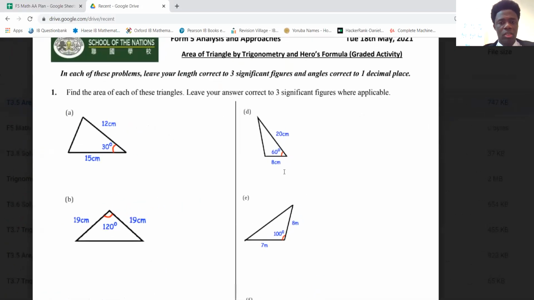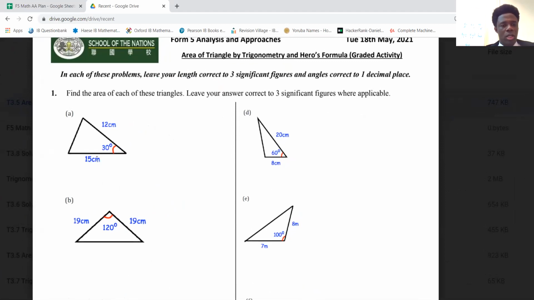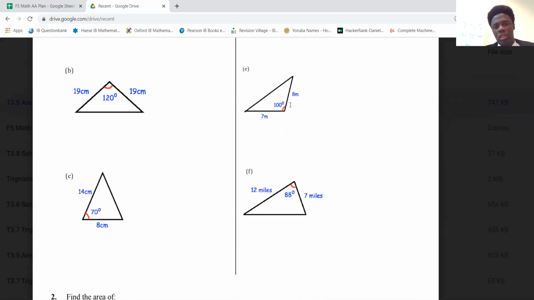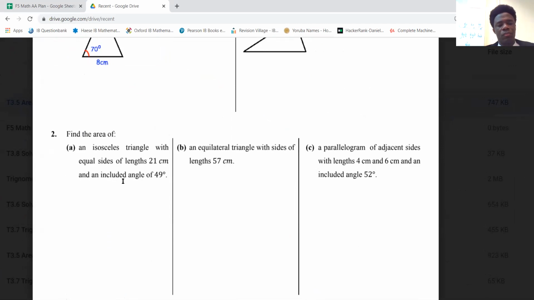This is the worksheet you should have. You can see these are your a and b, and this is your theta. Just make sure your calculator is in degree mode.